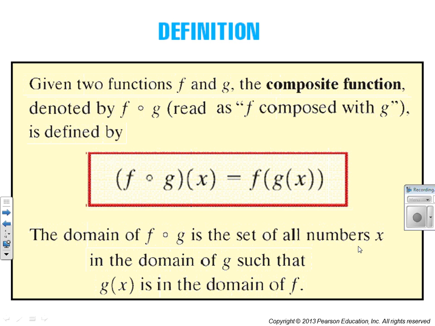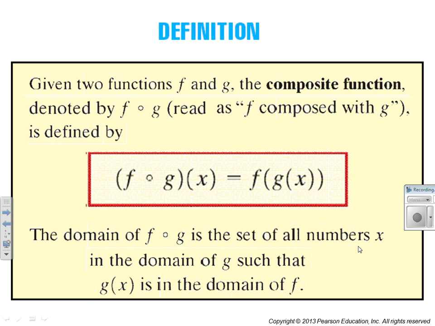You can also write it as f, parenthesis, g of x. Note that none of these symbols indicates multiplication, but it just tells you you are plugging the g function into your f function. So you're combining two functions.